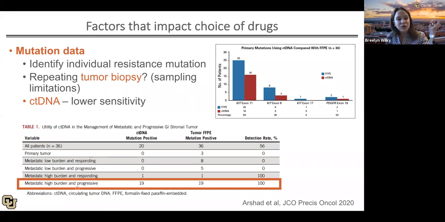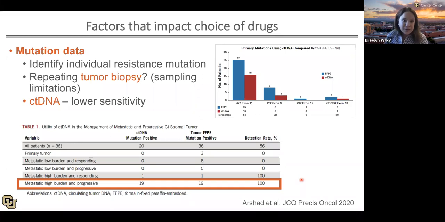If you reserved and only looked at patients that had a whole bunch of tumors or large tumors and they were progressing on their current therapy, at least in this set, the technology looked a little bit more sensitive. You were more likely to get something that was actually helpful, or at least you were actually able to catch a mutation.